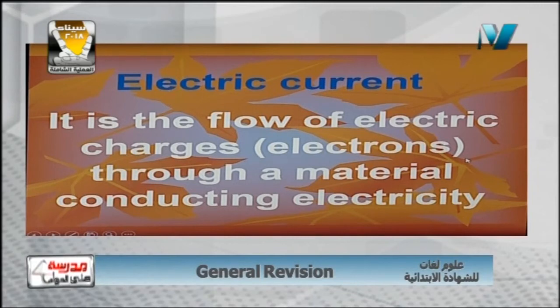So when asked what is meant by electric current, I say it is the flow of electric charge through a material conducting electricity, such as iron, aluminium, copper, tungsten. So we have many examples of electric current conductors, and at the same time many examples of electric current insulators, such as plastic, clothes, wood, and so on.